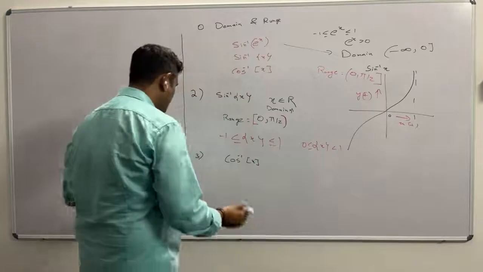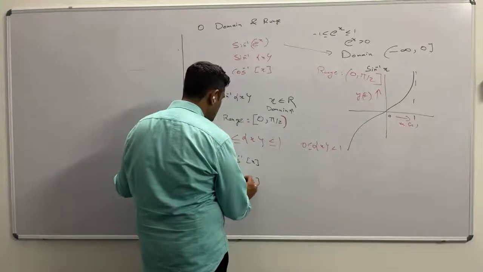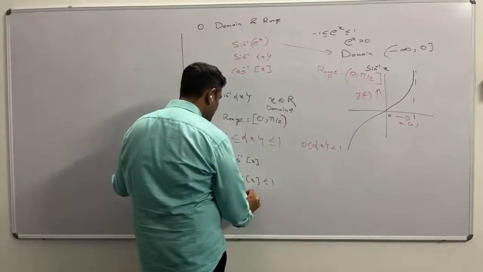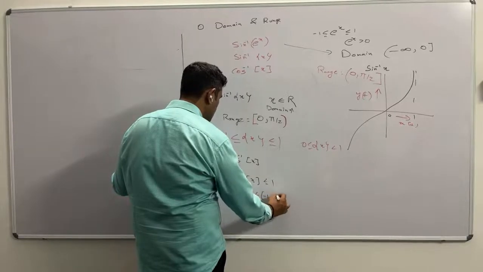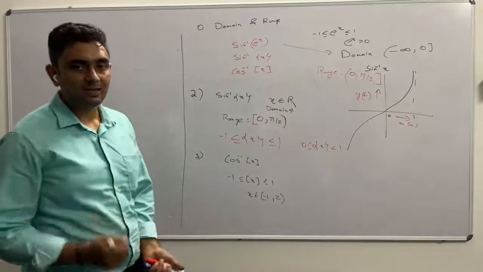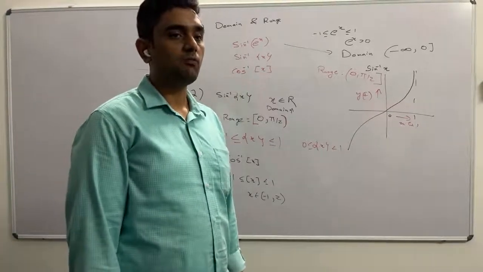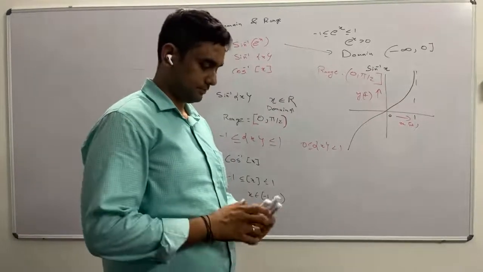So greatest integer of x should take value from -1 to 1. So x belongs to -1 to 2, open bracket. 2 open bracket means anything less than 2. 1.99, greatest integer will become 1. So this is the domain.